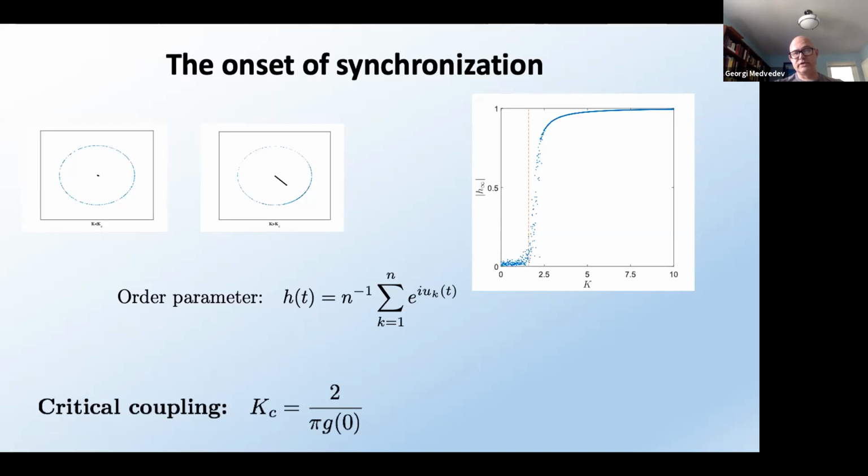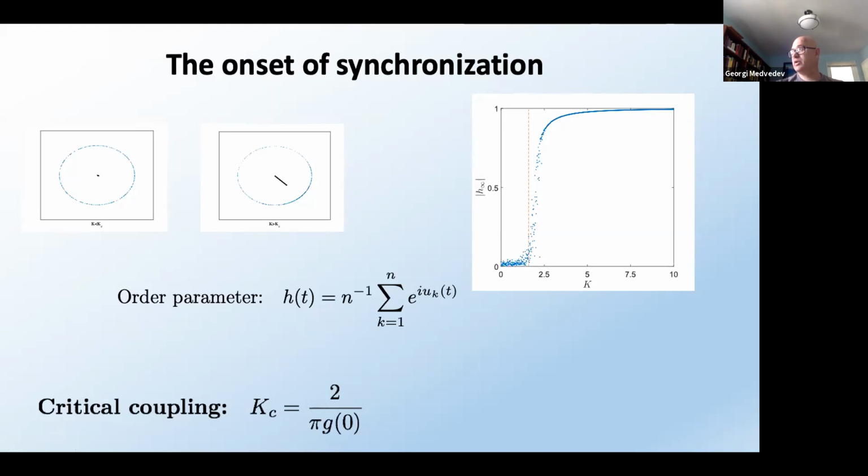Then there is a transition to values close to 1, which corresponds to synchronization. What's interesting is that one can identify a precise value at which this transition takes place, and relate this value to the distribution of frequencies.